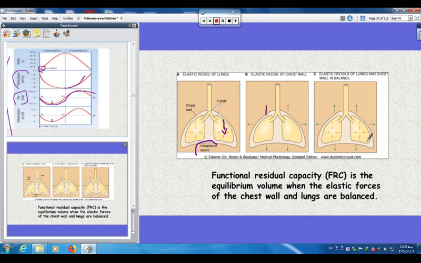On this side, you can see the elastic recoil of the lungs and chest wall are in balance, in opposite directions. This causes the lungs to float and expand. Functional residual capacity is the equilibrium volume when the elastic forces of the chest wall and lungs are in balance.